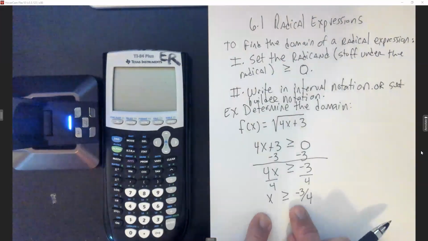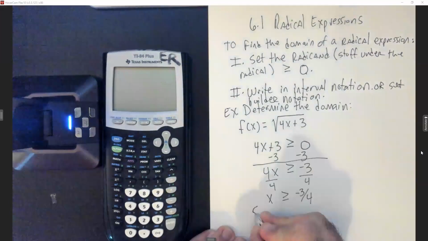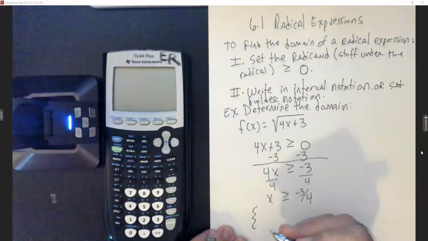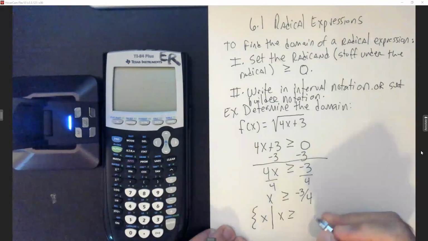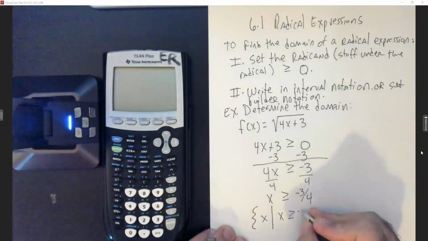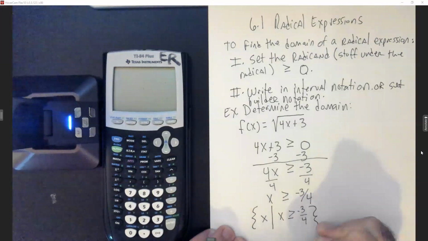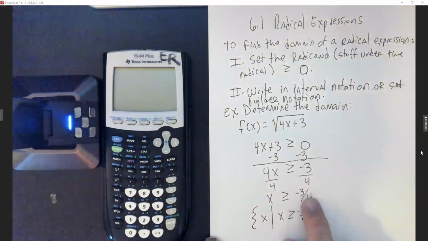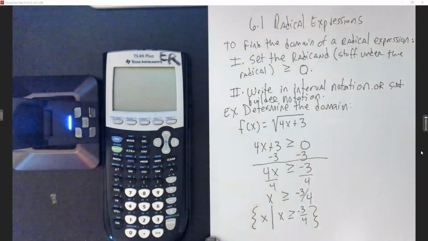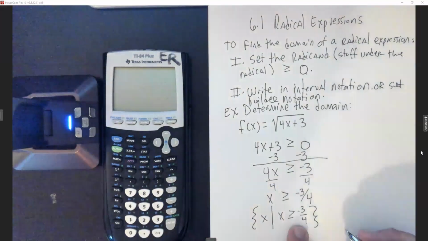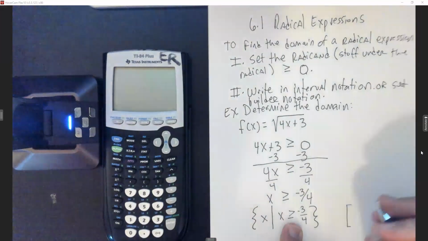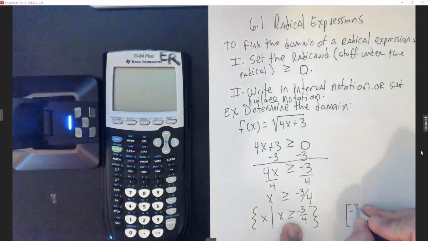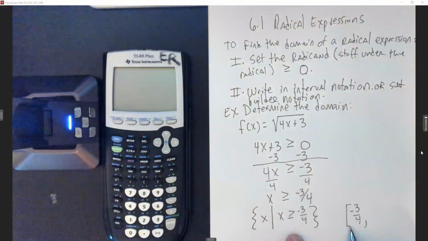So in set builder notation, you'll have x such that x is greater than or equal to negative 3/4. In set builder, you just put the answer in there and be done with it, okay? Interval notation, since the negative 3/4 is the smallest number, you're going to have the negative 3/4 with a bracket by it. Radicals get brackets.